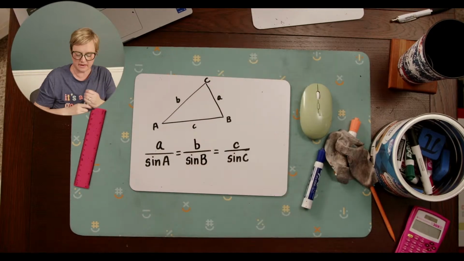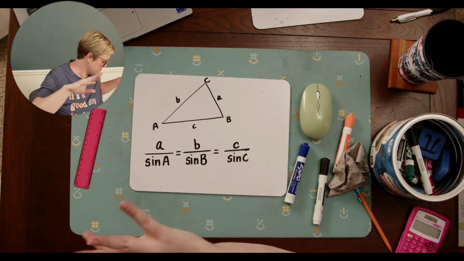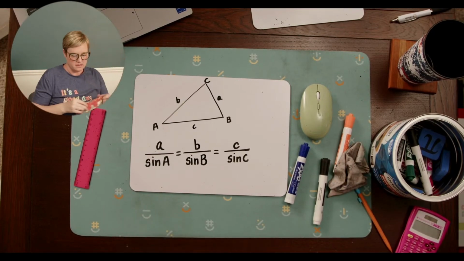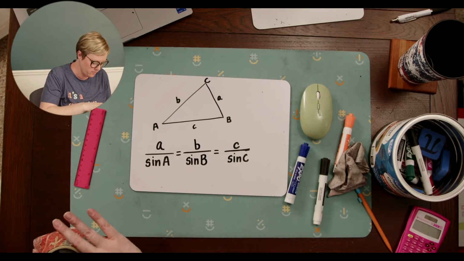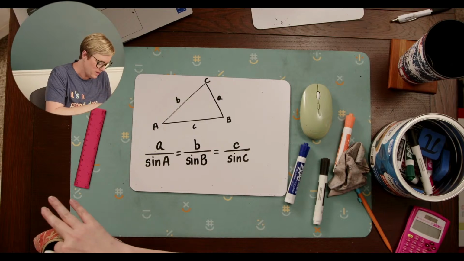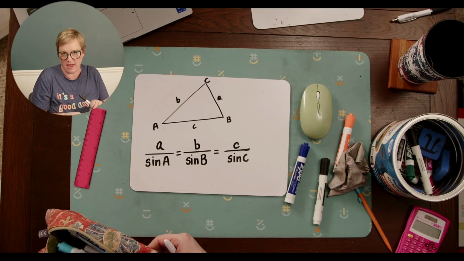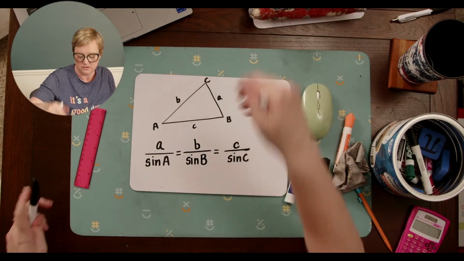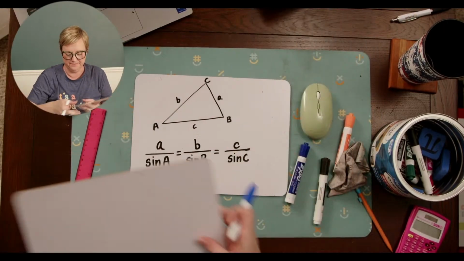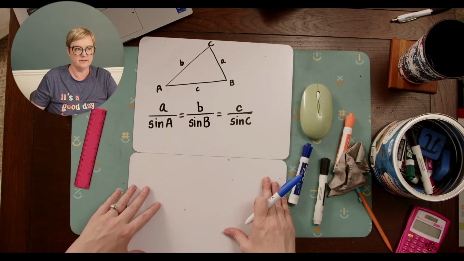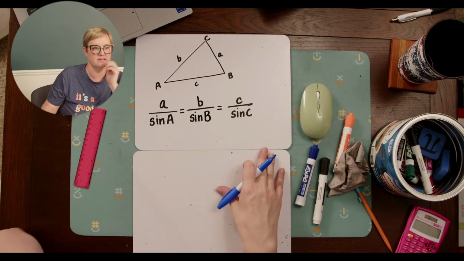Okay, so let's say that we're given the information. Usually when you're dealing with this, you're being asked to solve a triangle. Solving a triangle means you're finding all the side lengths and all the angle values. So if I'm given this information, all right, so let's say, I hate how crooked that is.